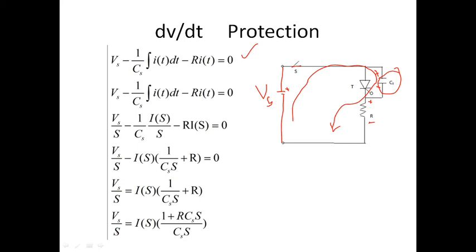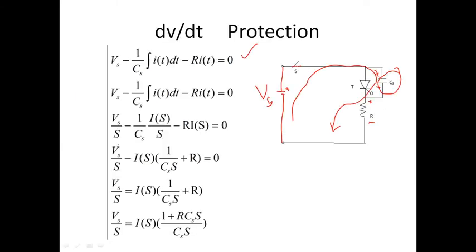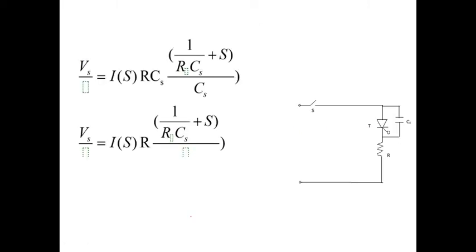Here we can see that s and s are cancelling each other, so Vs is RCs times (1 by RCs plus 1) divided by Cs. Because here you keep s alone, for that reason you keep RCs outside. So again Vs is R times (1 by RCs plus s).